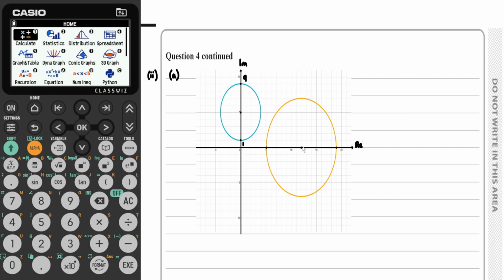And here I know that the radius is 7, so if I do the center, which is 12, plus minus 7, I get one of the points where it crosses the real axis being at 5 and the other point where it crosses the real axis being at 19.